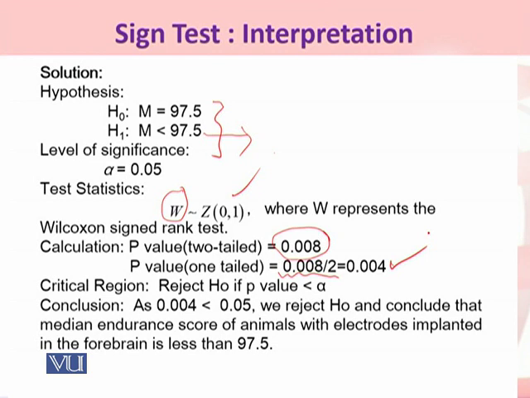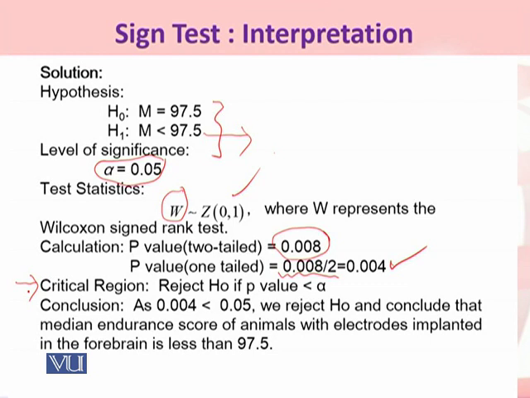Now we have to compare this calculated p-value with the observed p-value. Students, what is the observed p-value? It is our alpha value, which is 5% in this case. Next, we have to design the critical region, usually known as the rejection region.